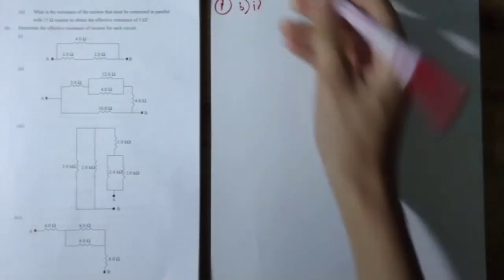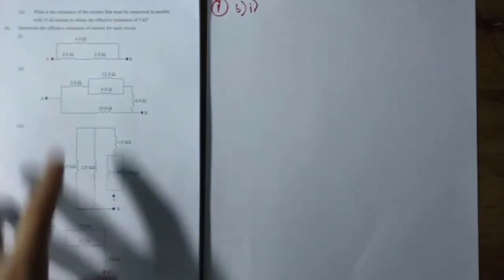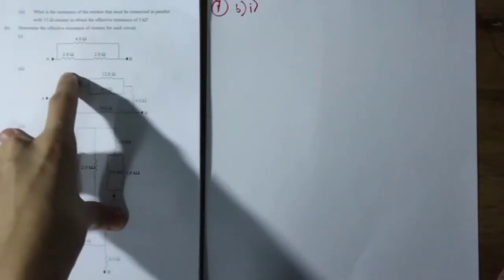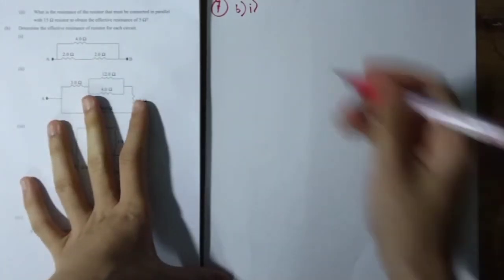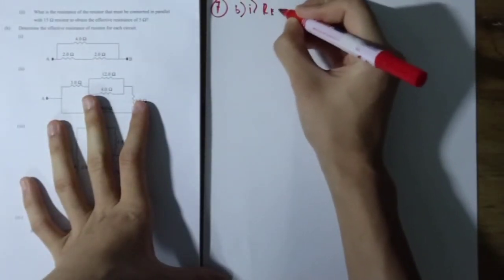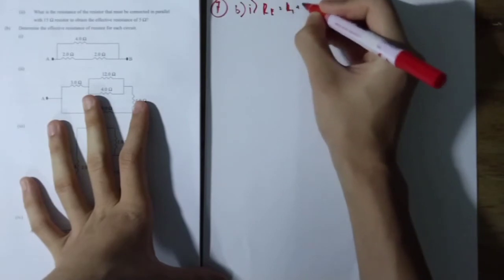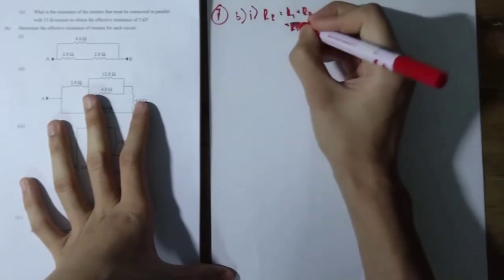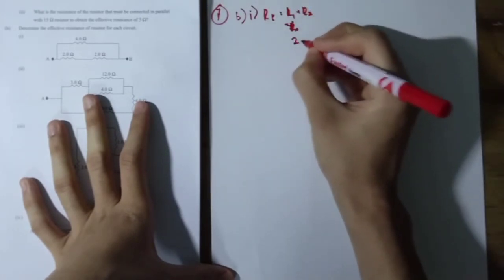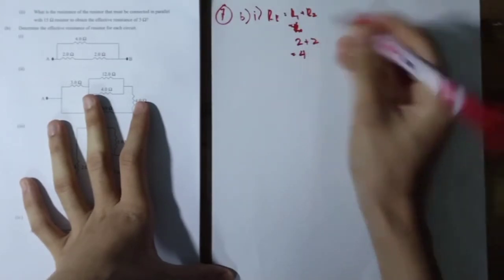7B1, we can see that the 2 ohm and this 2 ohm are in series, so we just need to add them. R1 plus R2 equal to 2 plus 2 equal to 4.